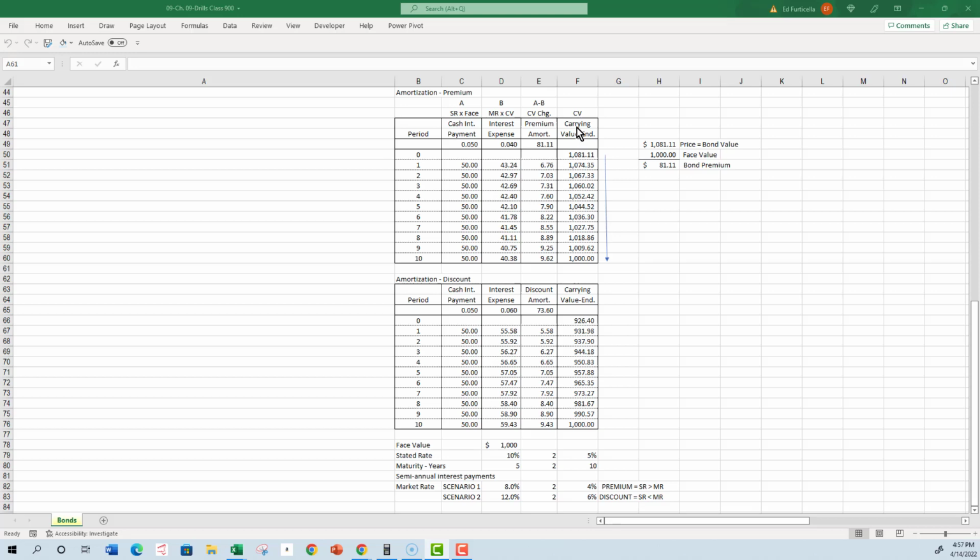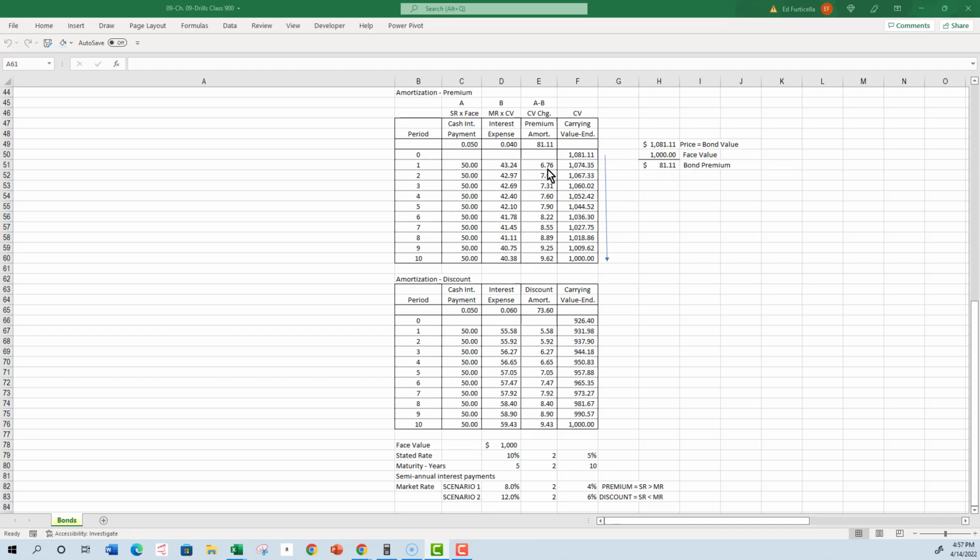The final column to determine is the carrying value at the end of the period. The carrying value at the end of the period will be the prior carrying value adjusted for the change in the carrying value that just took place. In this problem, the change in the carrying value was $6.76. That change represents the amortization of the premium of $81.11. During the first period, we're amortizing $6.76.